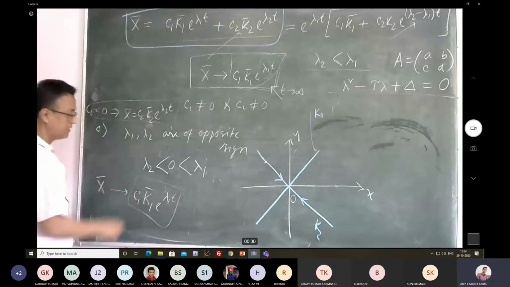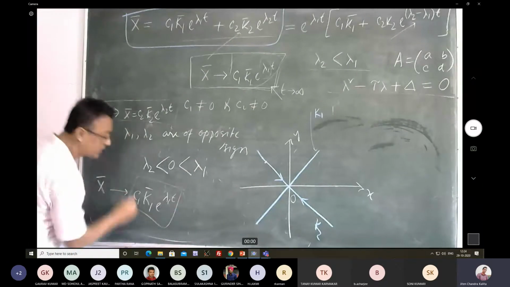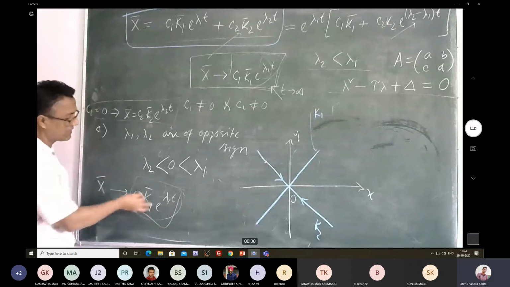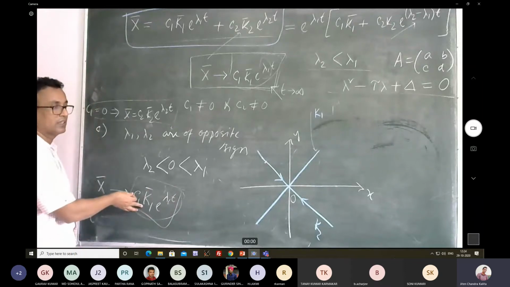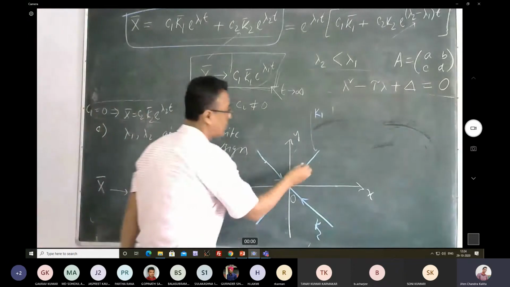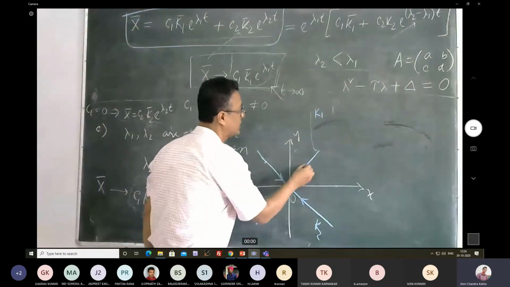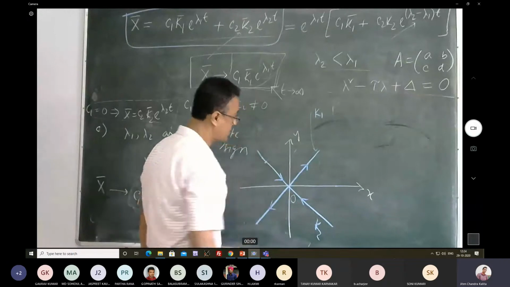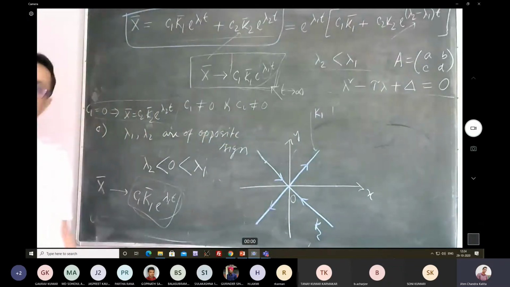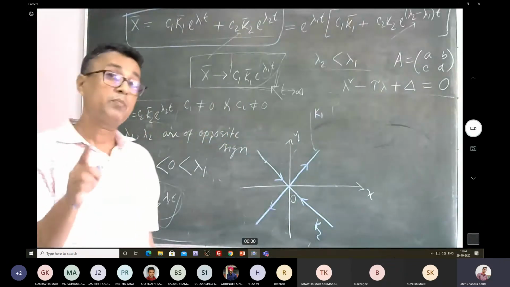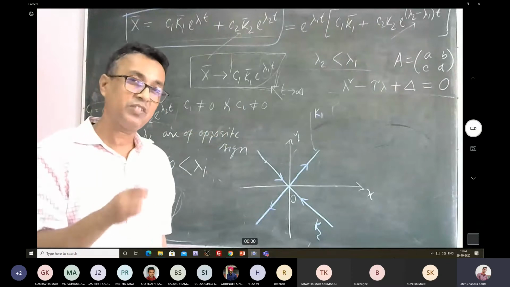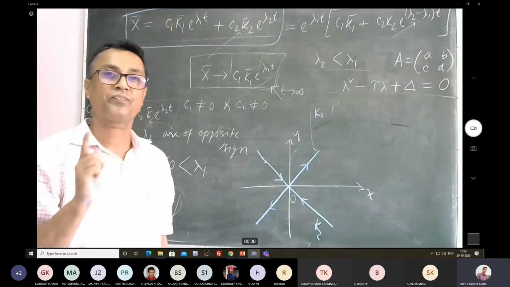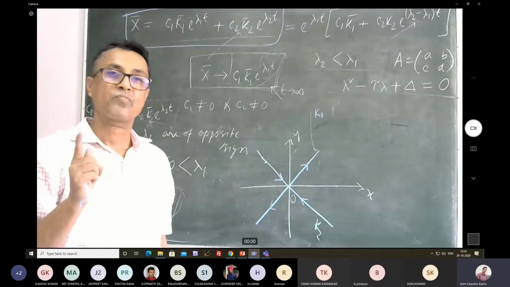In this case, if you consider this vector alone, then you will see that all the points on this line are going to be diverging. Always remember whether it converges or diverges, it is determined by the sign of lambda. Is it okay?